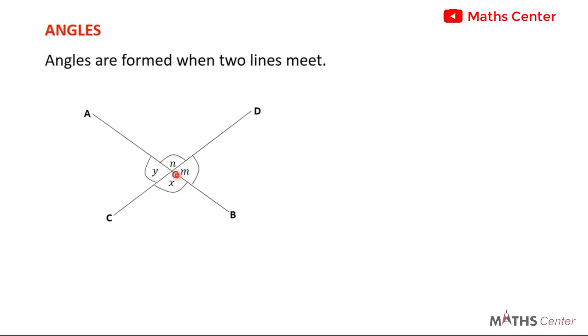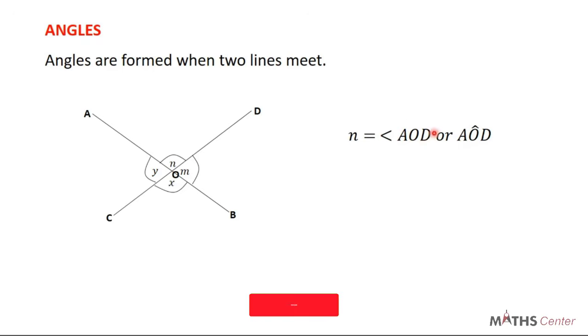So here the angle is falling on point O, so the name is AOD or DOA. For simplicity's sake, I'm going to use AOD in this explanation. Angle AOD is written with this less than symbol, then AOD.